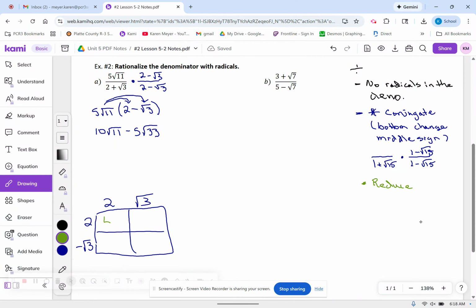So then 2 times 2 is 4. 2 times square root of 3, those I'm just going to write next to each other. 2 times negative square root of 3 would be negative 2 square root of 3. And then negative square root of 3 times positive square root of 3 would be negative, and then I get to multiply the 3's together because they're both underneath. So that would make negative square root of 9.